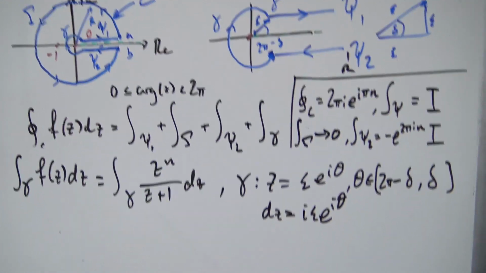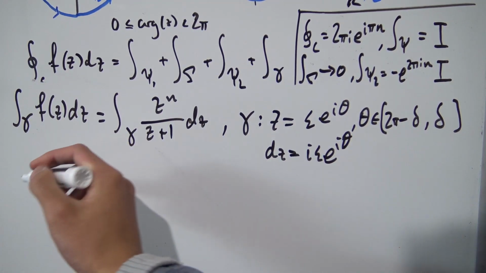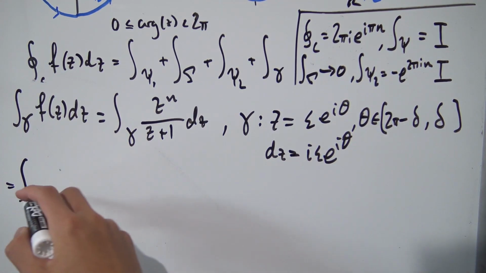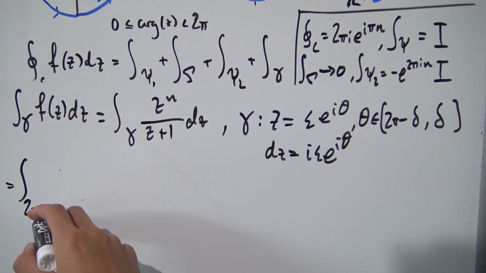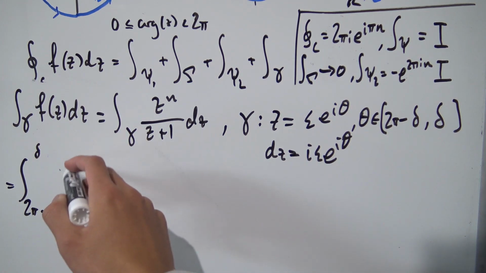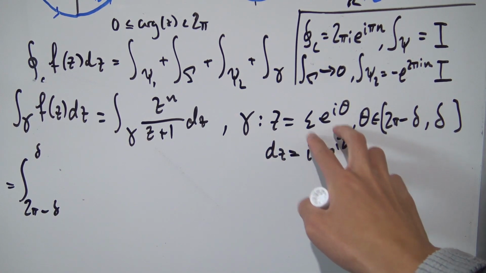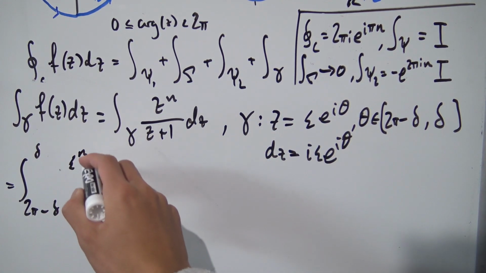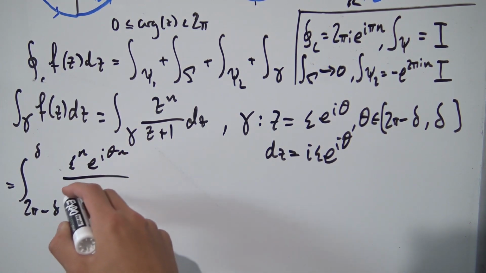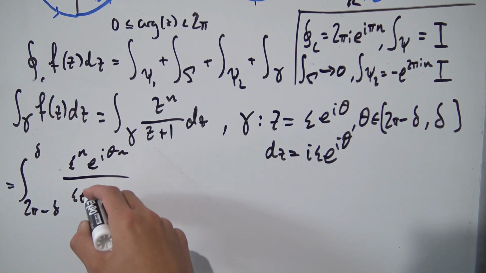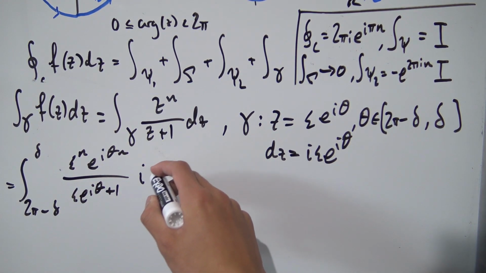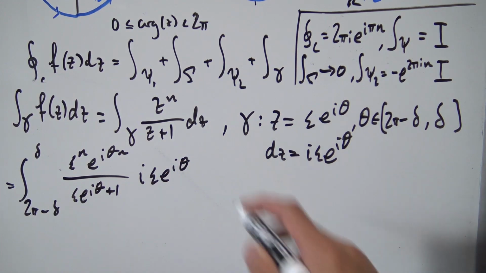And plugging all of that information into our integral, this is going to give us the integral on this interval right here, 2 pi minus delta to delta. z is equal to this thing right here, and raising this thing to the n, we have epsilon to the n e to the i theta times n over epsilon e to the i theta plus 1, and our dz is i epsilon e to the i theta.